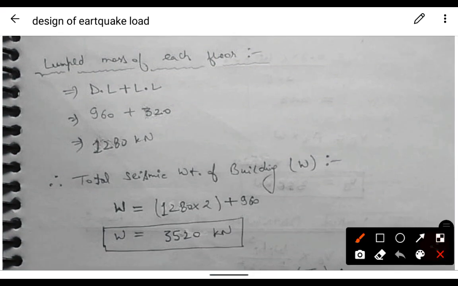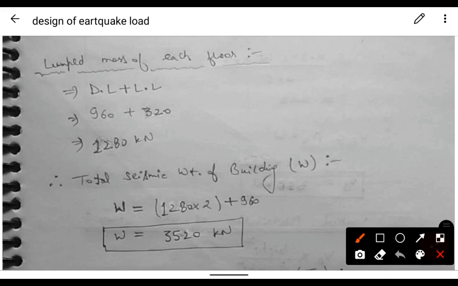After calculating the lumped mass of the roof, we are going to calculate the lumped mass of each floor. Again, the lumped mass of each floor would be the sum of dead load and live load.